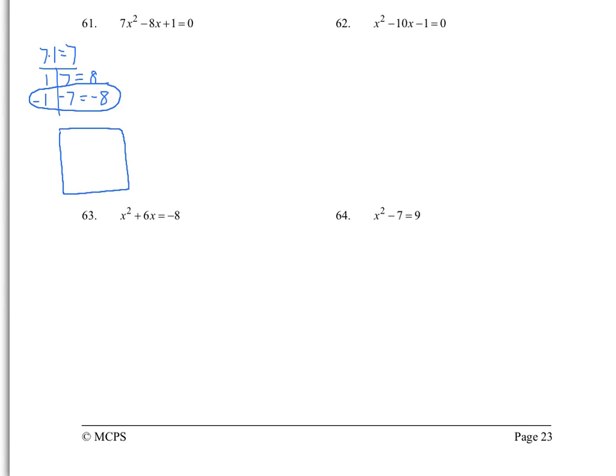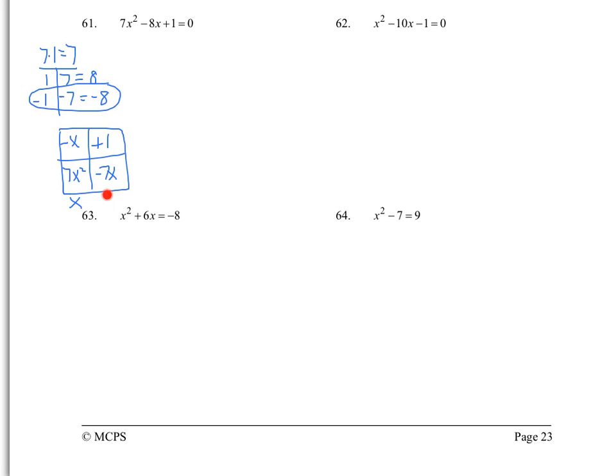Next, I'm going to make my box, and I'm going to put in my first term and my last term because those don't change. So 7x squared and 1. In my other two boxes, I'm going to put the two factors I found, so negative x and negative 7x. Finally, I'm going to take out the GCF of each column, working from the bottom up, and the row left to right. Looking at this column, 7x squared and negative x, my GCF is going to be x.